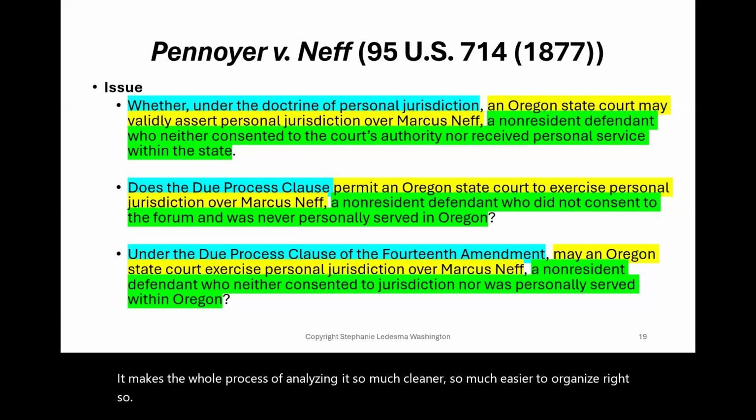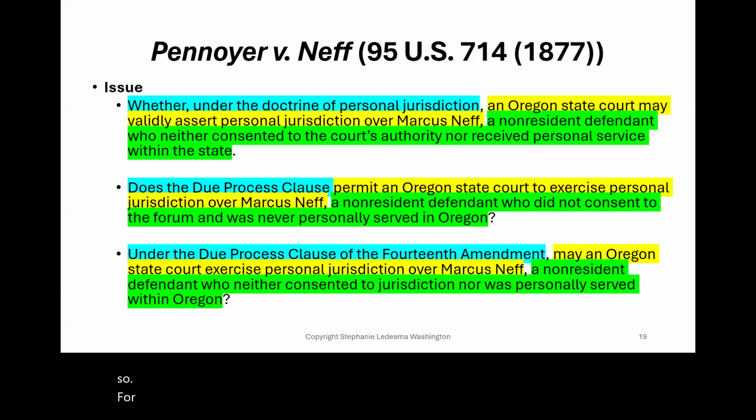So for my students who are writing issue statements for me, my requirement for issue statements follows what is preferred by the NCBE. That's why I have a 3-point issue statement.